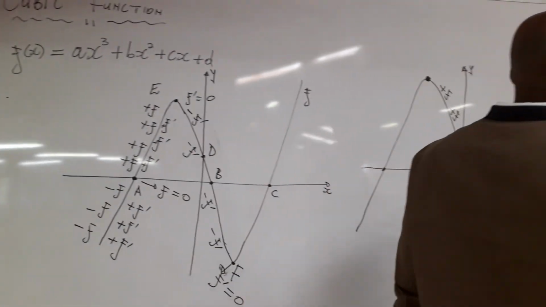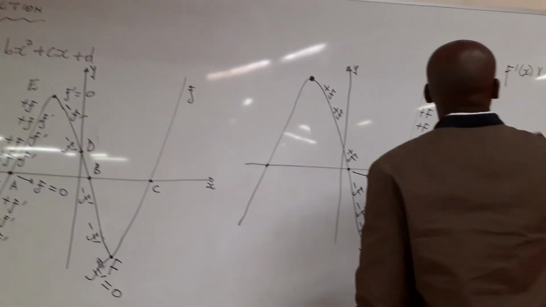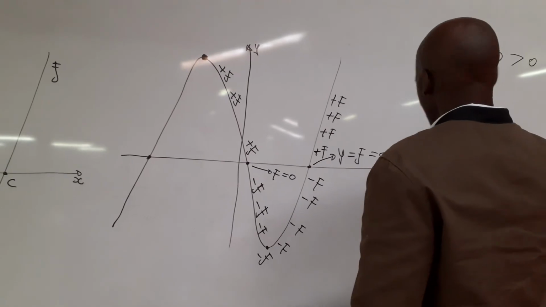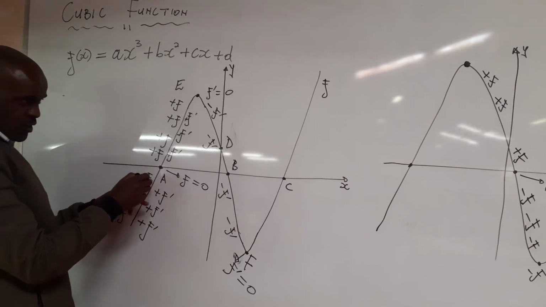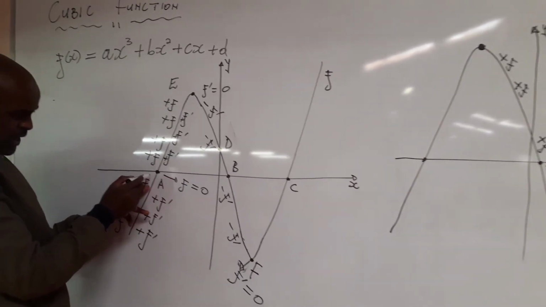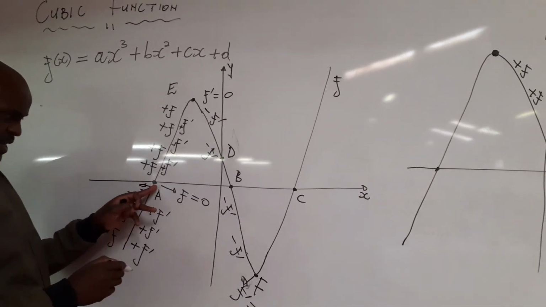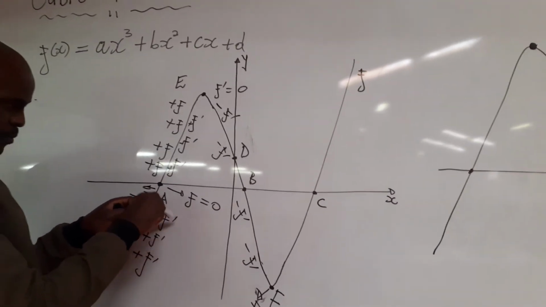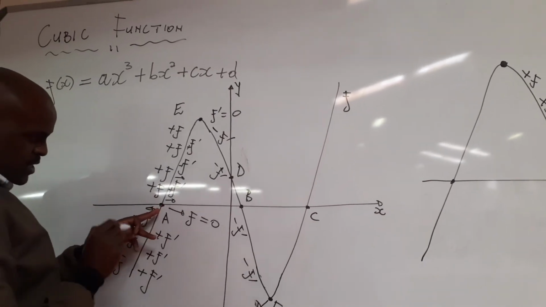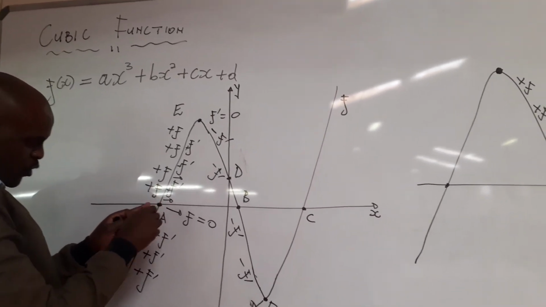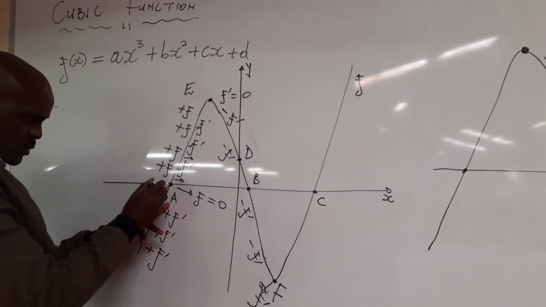So if you are to tell the values of x, you multiply the gradient times y and get a positive answer. When you move downward, you are going to have a negative answer. So if you move in that direction, x is less than the value of x at this point. But if you are going up, x keeps on increasing. So just above point A, x is greater than the value at this point.